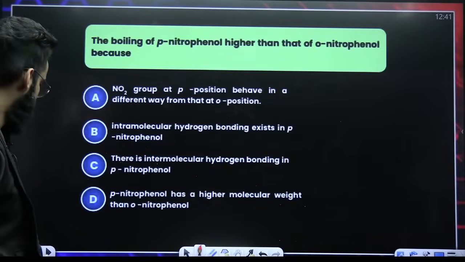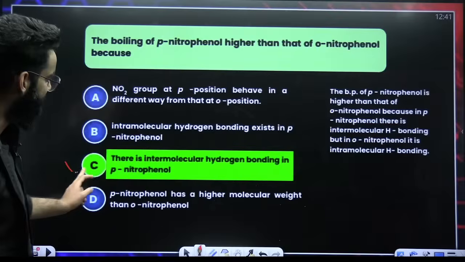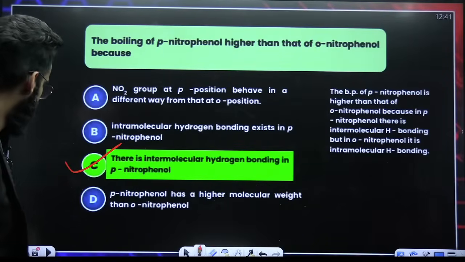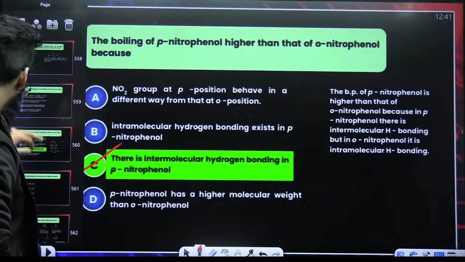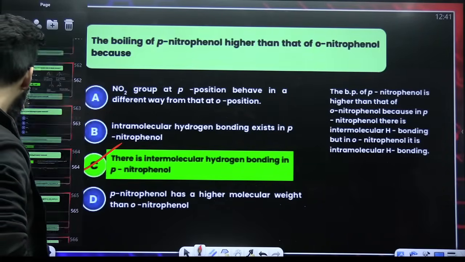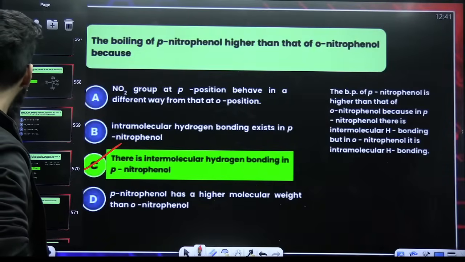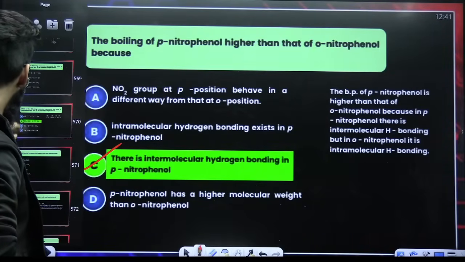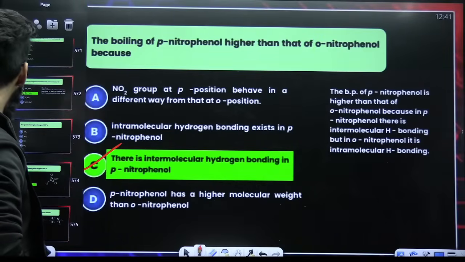Absolutely, all of you are right. It's option C. There is intermolecular hydrogen bonding in paranitrophenol. All these questions we are done with.